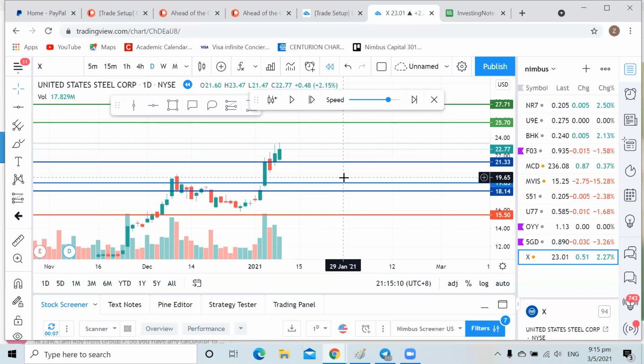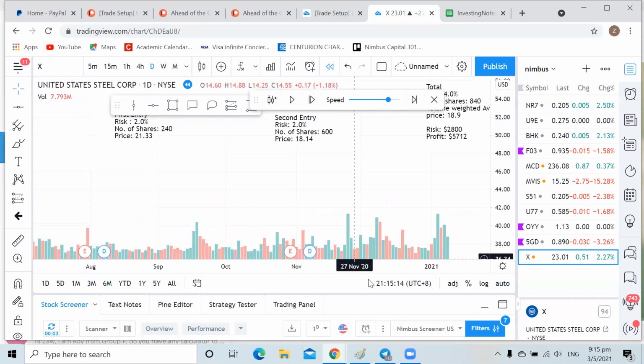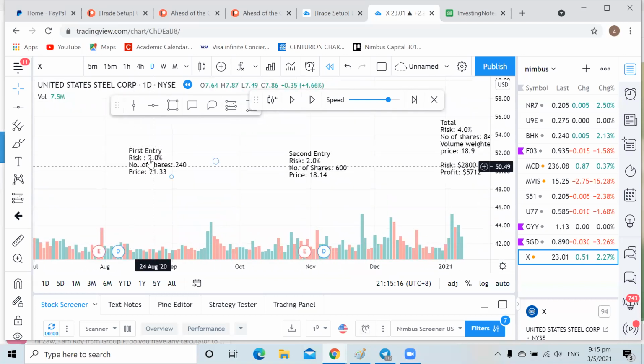So when I enter the first trade here, you can see that this was my first entry. My risk is 2.0%, which is based on USD 70,000. So with that, I calculated my entry price was 21.33. I'm following this here as an example, not the actual entry price that I had. And the total number of shares I can buy is 240.